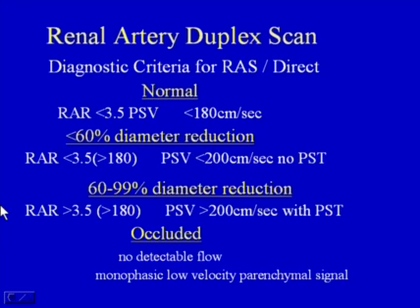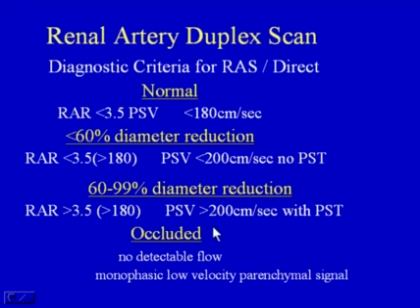However, the absolute PSV is 180 to 200. The key thing is to note that you will find no poststenotic turbulence in patients that have a less than 60% stenosis. A 60 to 99% diameter reduction is consistent with an RAR of greater than 3.5, a PSV of greater than 180, and the presence of poststenotic turbulence.